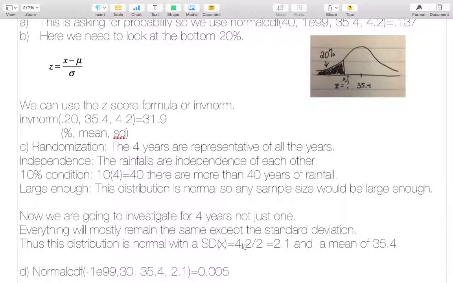Notice it changed. This is the original standard deviation divided by the square root of my sample size, so divided by the square root of 4, or 2. And my mean would be 35.4. So I have shape here, I have spread with the standard deviation, and I have center with my mean of 35.4, which is the same mean as it was originally. Make sure you catch that.